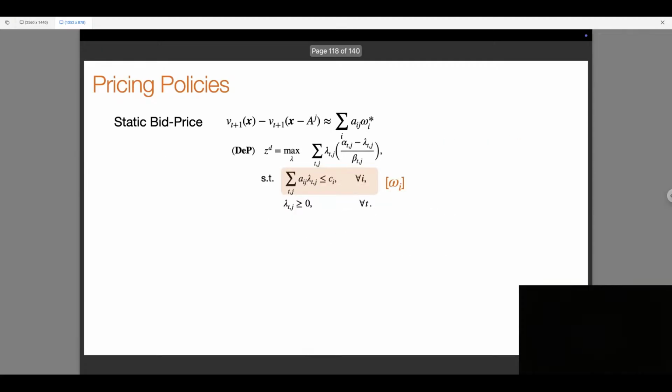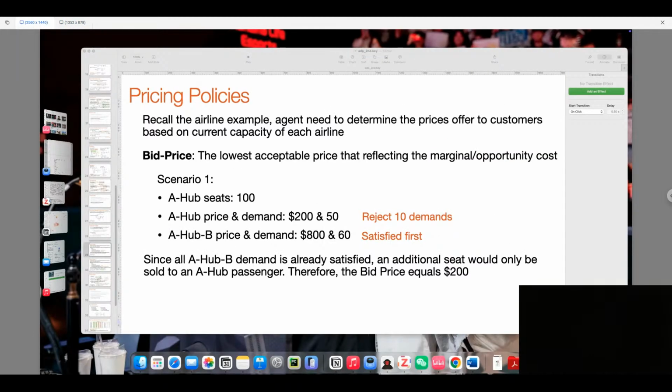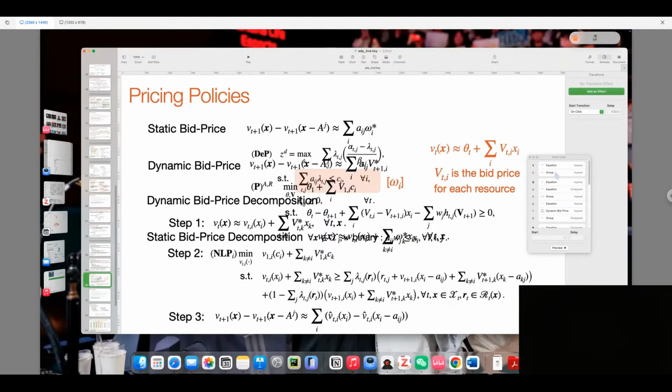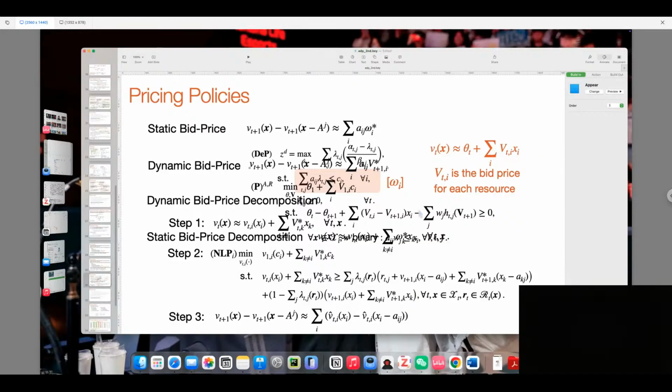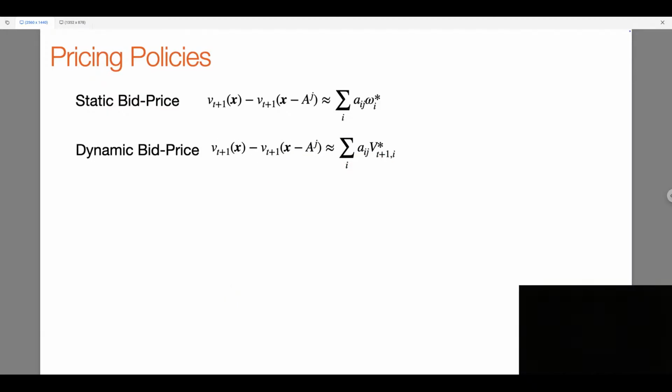And the second pricing policy is called the dynamic buy price.